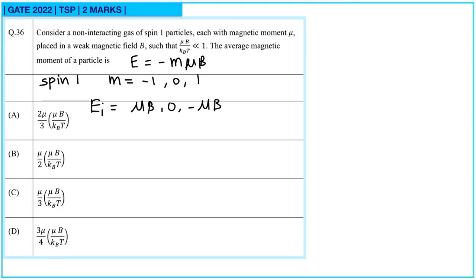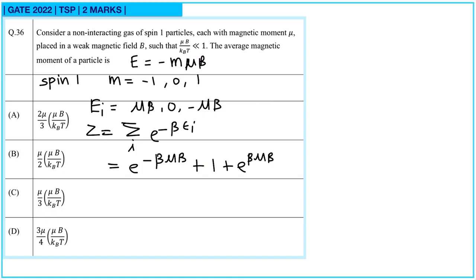So from here we can calculate the partition function. Now partition function is equal to summation over i of e raised to minus β Ei. So that is e raised to minus β μB plus 1 plus e raised to plus β μB. Now here it is given that μB by kT is much smaller than 1. So that is μB into β is much smaller than 1. So here we can use the expansion e raised to μB by kT is nearly equal to 1 plus μB by kT.